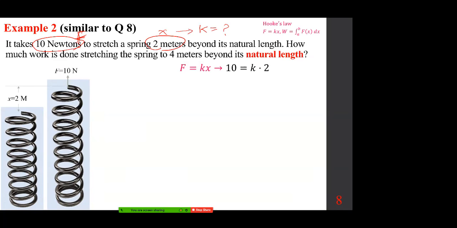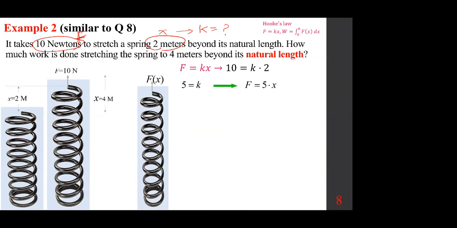So just plug in, and you find K to be 5, which means the general formula, F equals Kx, becomes F equals 5x.